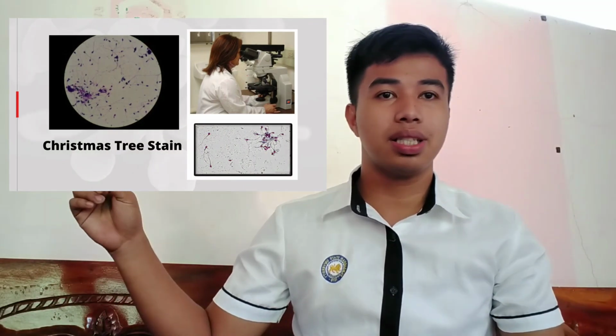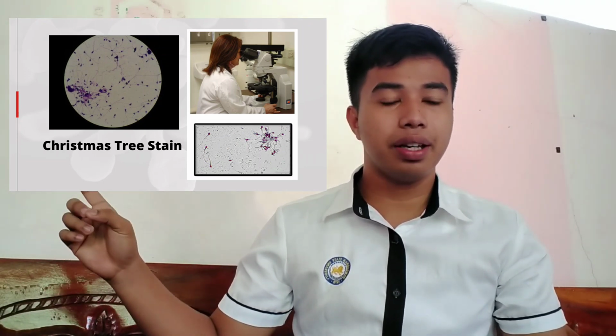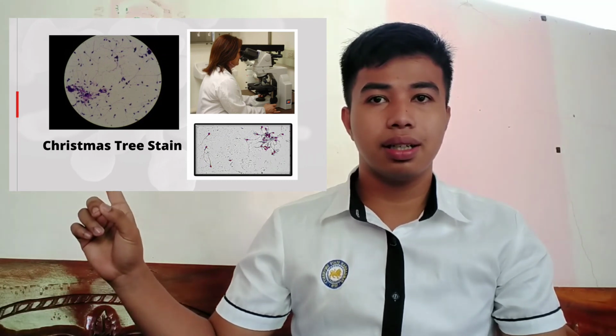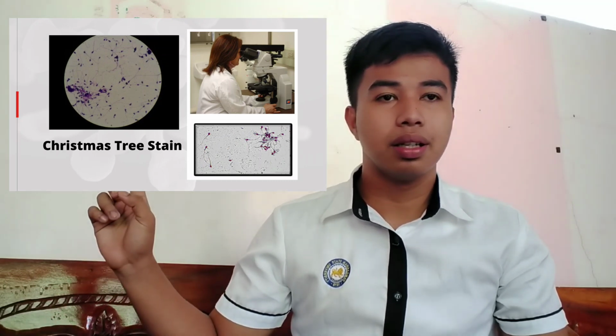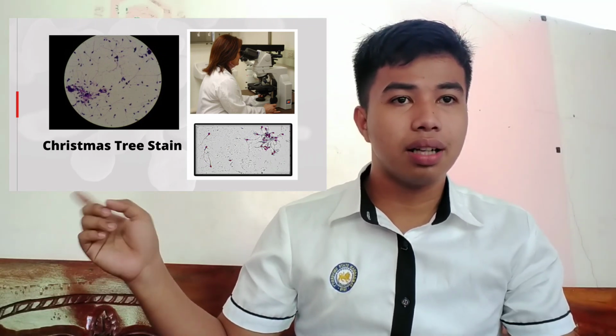The tail is shown as yellow-green, and the head shows shades of red and pink. As you can see in the image, this is the Christmas tree stain test. The head of a sperm cell is shades of red, and the other is pink. So that is the Christmas tree stain.